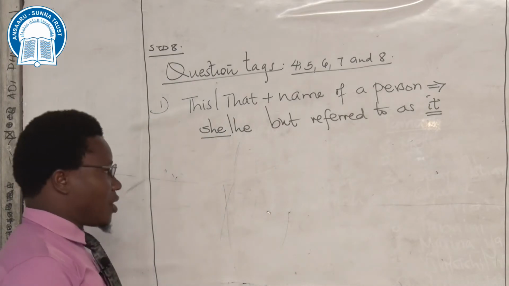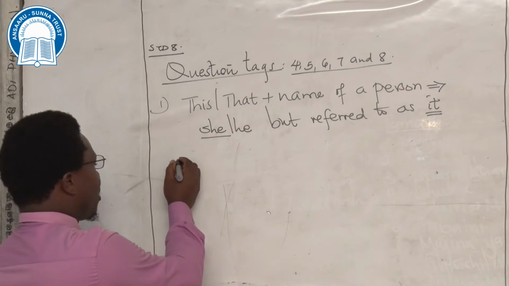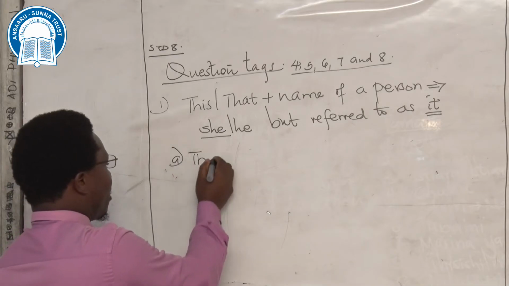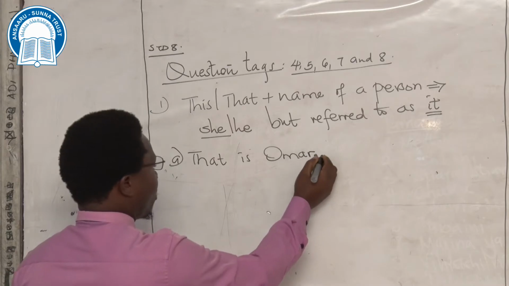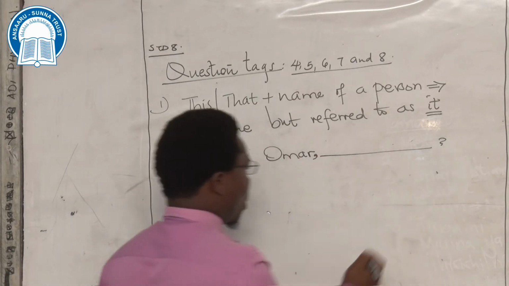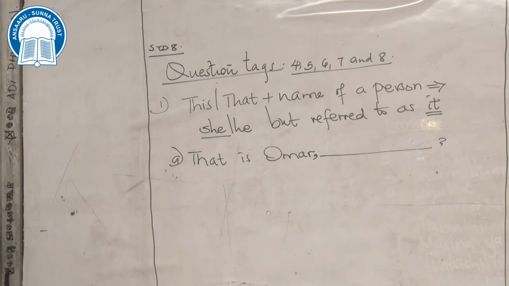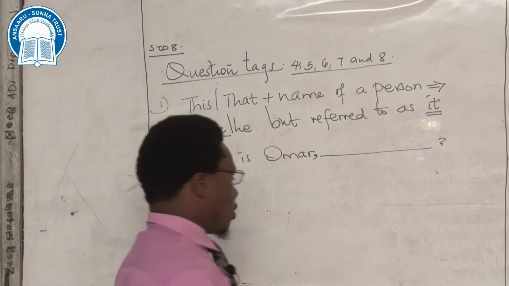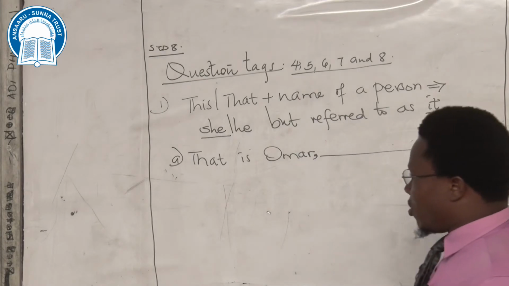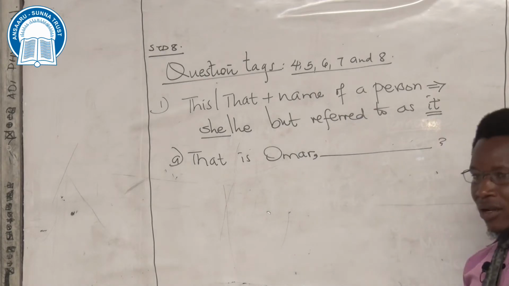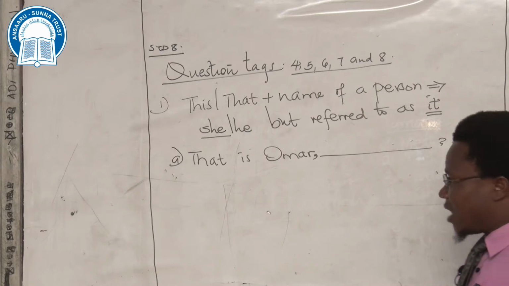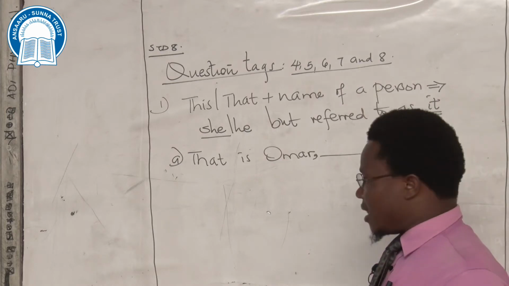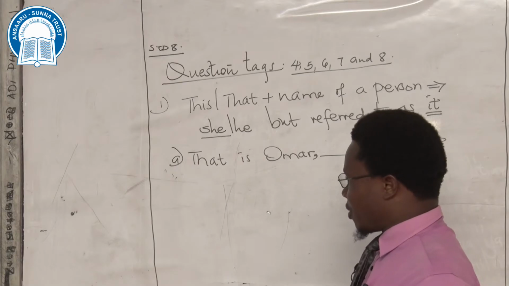Consider a very simple sentence or statement, that is Omar. So those ones viewing me, you can take your pencil, as I told you in my previous session, that always before you answer any question, learn to consider identifying the keyword in that statement or in that question.